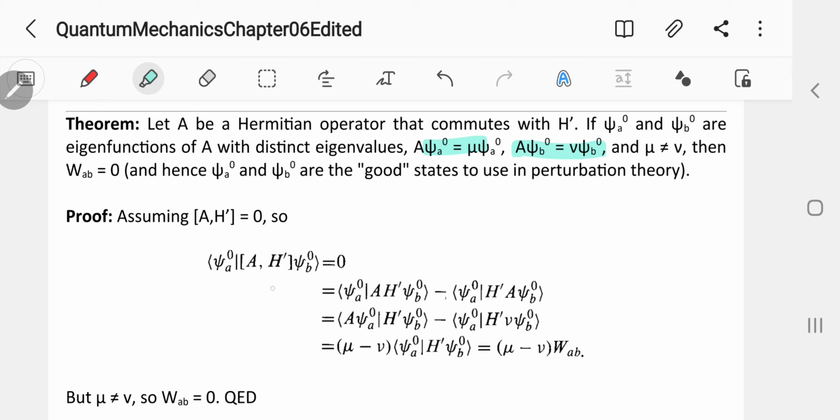So here you can show that using this as a proof.